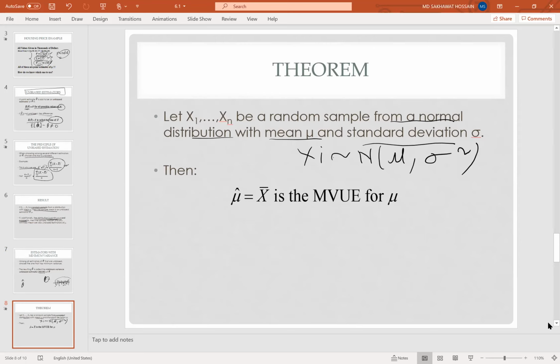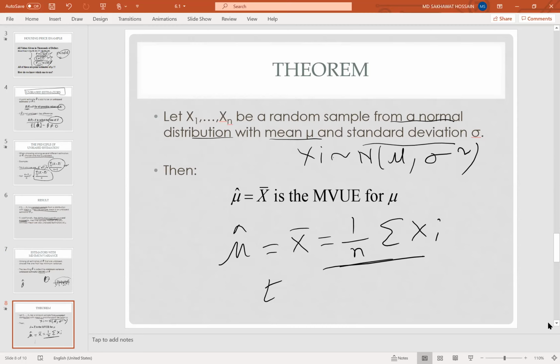So in this case, mu hat, the estimator of mu, is equal to x bar, that is 1 over n summation of xi. This is the MVUE for mu. What does MVUE mean? This estimator has the minimum variance.